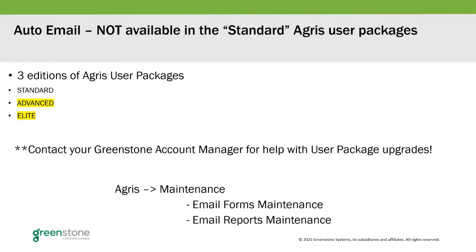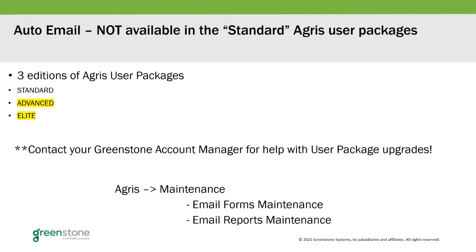But when we redid all of our user packages, we changed that, and auto email is now available in the advanced or the elite user packages. It is not available in standard. So as your account managers, we can help you with user package upgrades to take advantage of this.